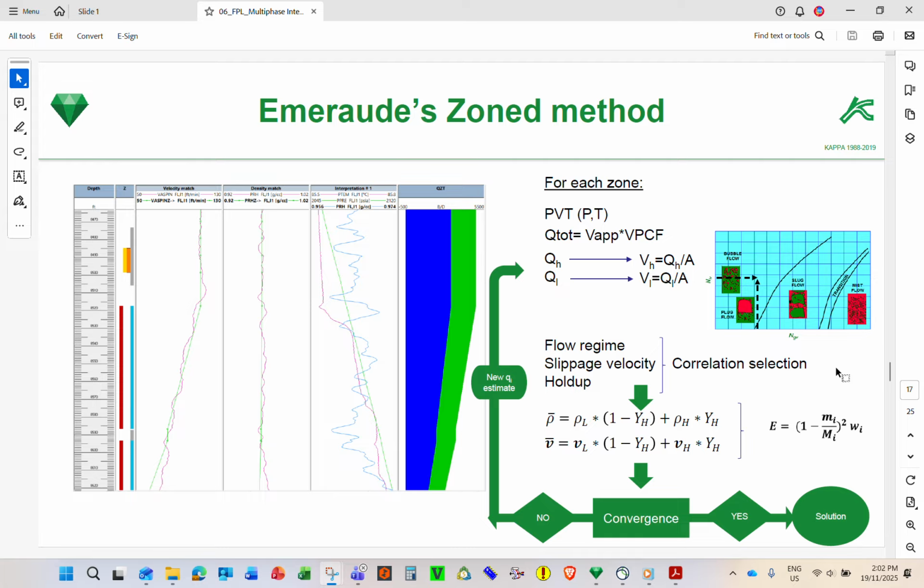This will be my Q water, and this total is Q gas. If we have slippage, of course, the light phase rate will be bigger than if there is no slippage.